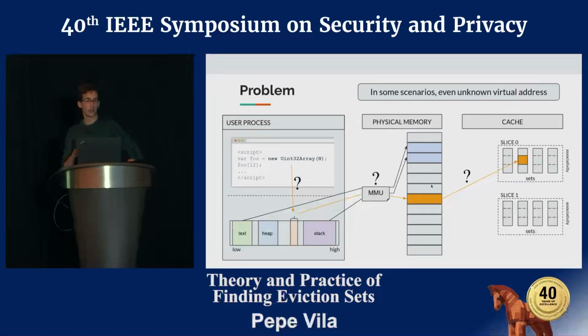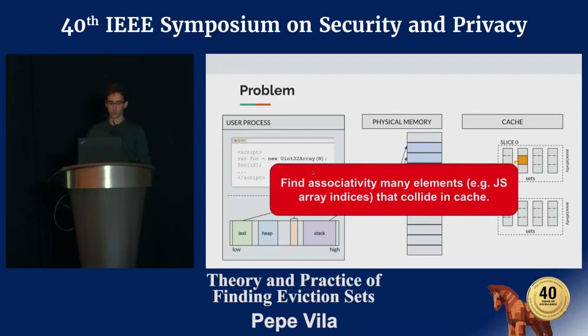There are some scenarios where this is even worse. For instance, when the attacker runs from JavaScript, there is not even a notion of virtual addresses. The only thing the attacker has are array indices, and we need a way to find how these map into a specific cache set. So again, we are interested in finding associativity many elements, whatever these elements are, virtual addresses or JavaScript array indices, that collide in the cache.